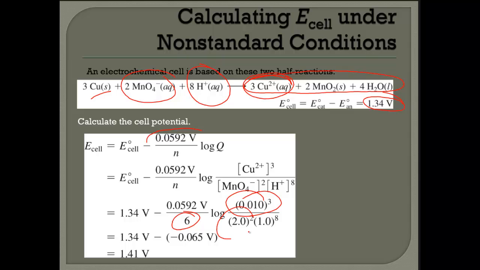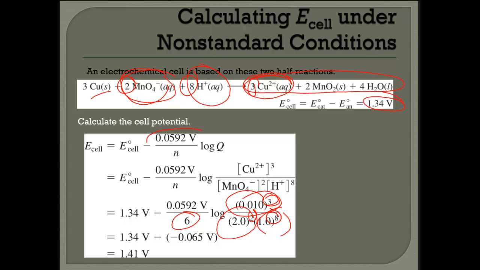Now notice the little numbers. Copper 0.01 has a coefficient of 3, so it's to the 3rd power. Manganese is 2.0, coefficient of 2, so it's to the 2nd power. And then hydrogen has a concentration of 1.0 with a coefficient of 8, so it's to the 8th power.